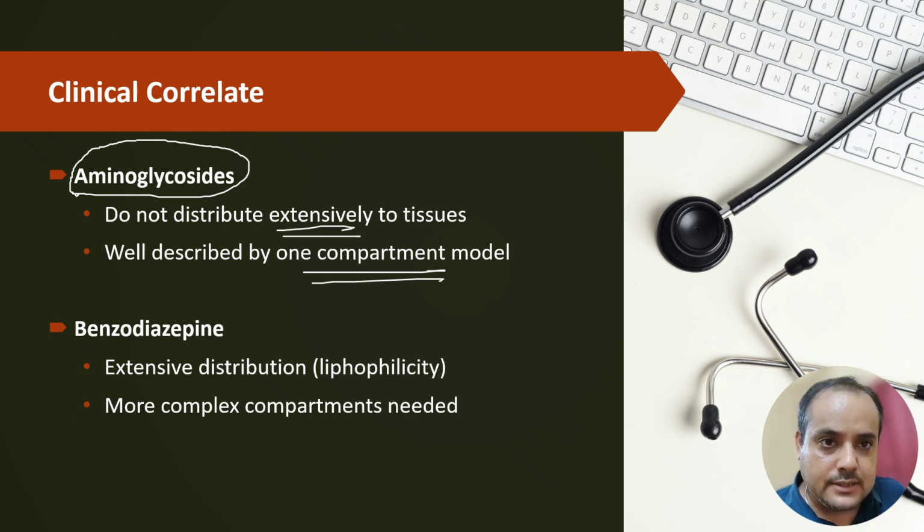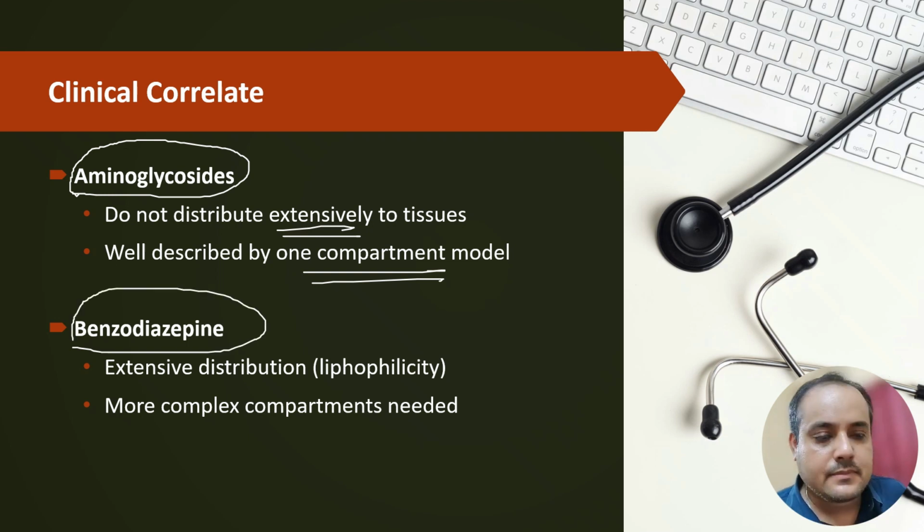On the other hand, drugs such as benzodiazepines, they are extensively distributed in the body tissues. Why? Because they are highly lipophilic drugs. Hence, for the purpose of describing their pharmacokinetic parameters, we need some more complex compartments, because a single compartment is not going to suffice, because the drug is not distributed in one compartment, it is distributed in several compartments.